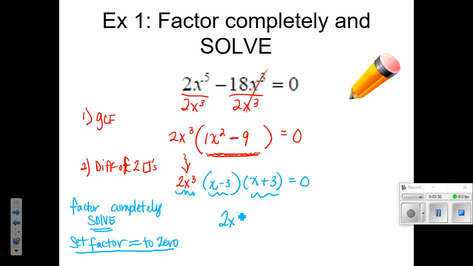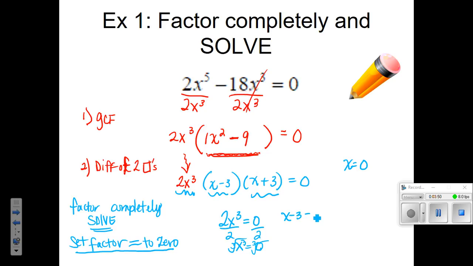So 2x cubed equals 0. Divide by 2. X cubed equals 0. Cube root both sides. You did that in geometry, cube root, because you did volume. Cube root of 0 is 0. So x equals 0.